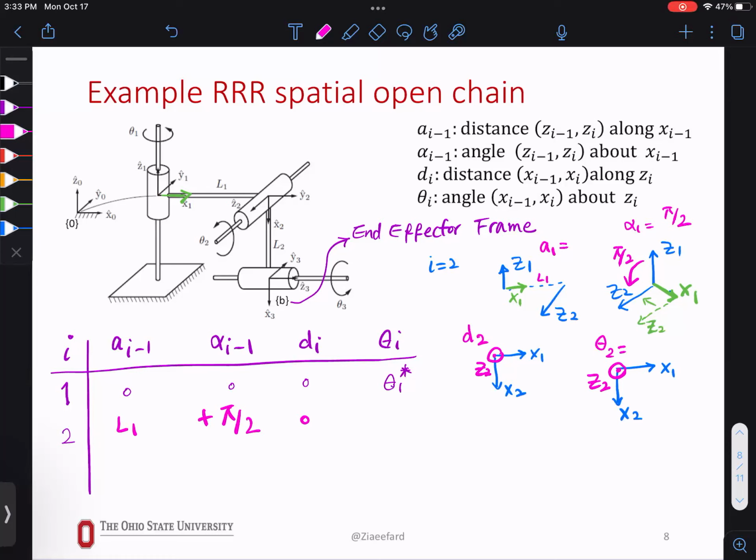So we want to know first if there is a pre-existing angle between our x-axes, then we apply our joint variable to it. If you look, X1 and X2 have a pre-existing angle. The direction of rotation is here: X1 goes to X2. You can also say negative pi over 2; it's either 270 or 90. Either one works. So I'm going to write negative pi over 2, it's easier.